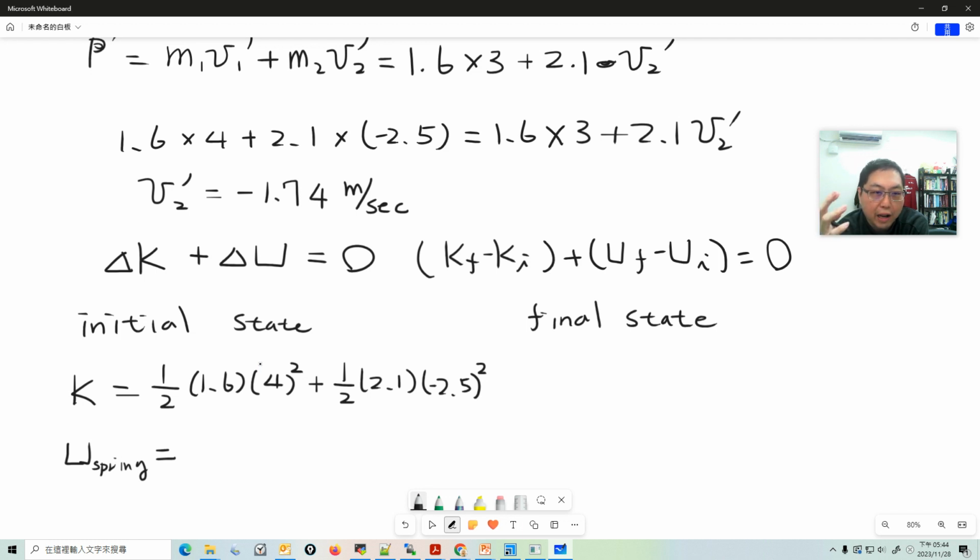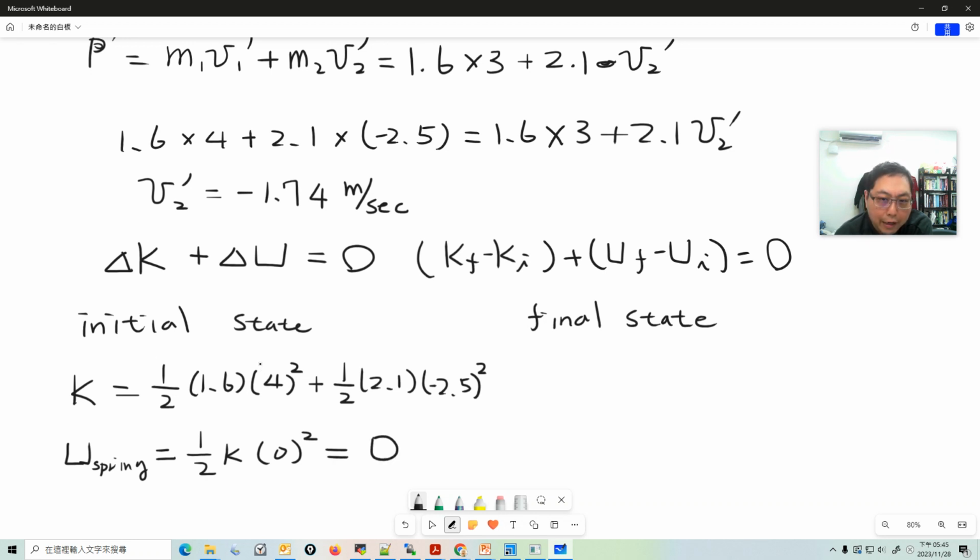Before the collision, the spring is not compressed, it's at its equilibrium position. So its potential energy is 1/2 k zero squared, so it's zero.